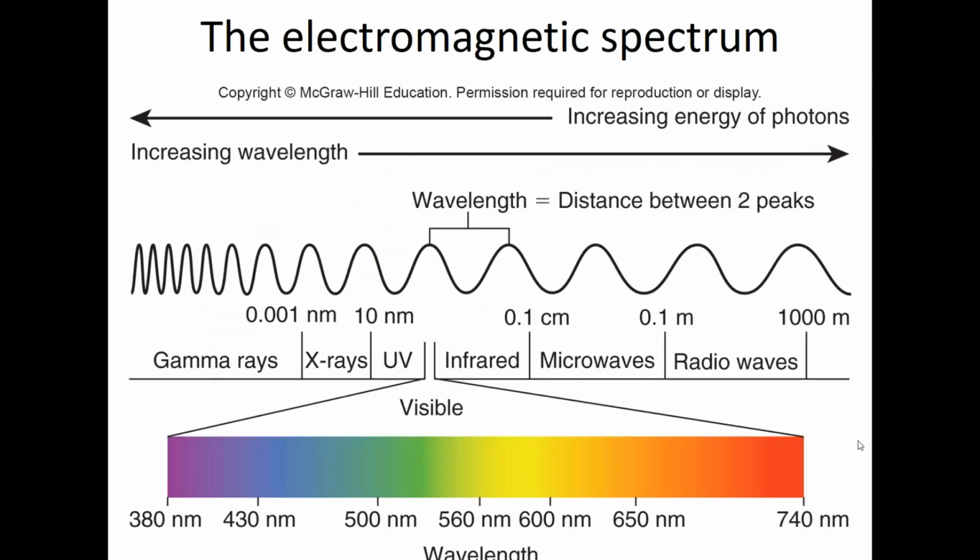And here's a cool spectrum, the electromagnetic spectrum. You can see this tiny little place in here where we have visible light. What you need to remember is that acronym, Roy G. Biv. That tells you all the colors in the spectrum. Remember, white light is actually a mix of all the colors.